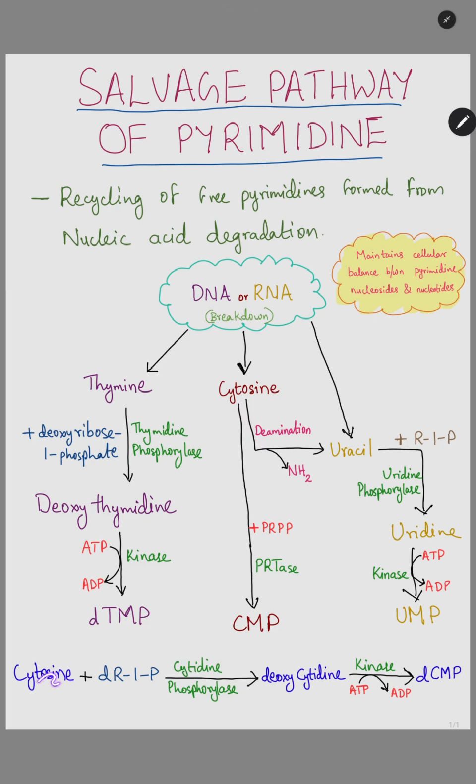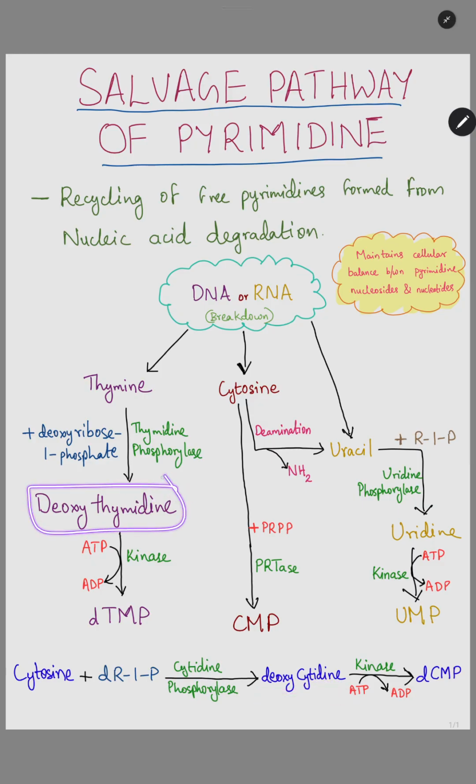For that, cytosine combines with deoxyribose 1-phosphate, similar to the reaction here. So cytosine plus deoxyribose 1-phosphate in the presence of the enzyme cytidine phosphorylase, similar to thymidine phosphorylase, forms deoxycytidine.